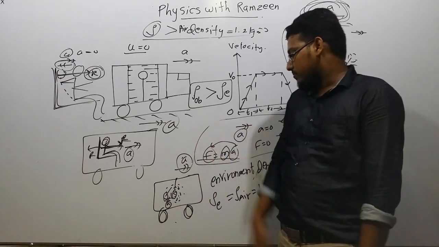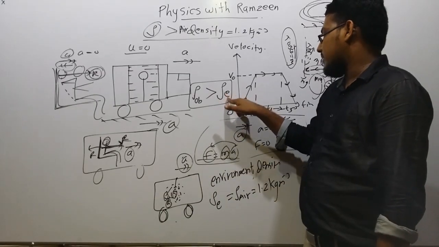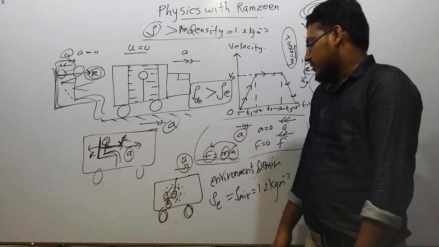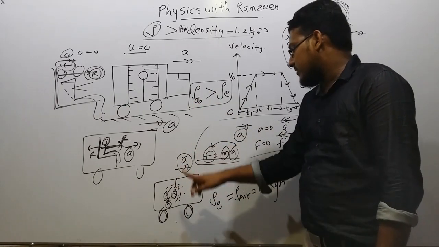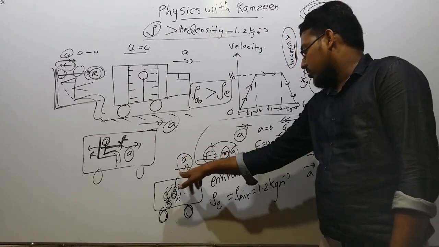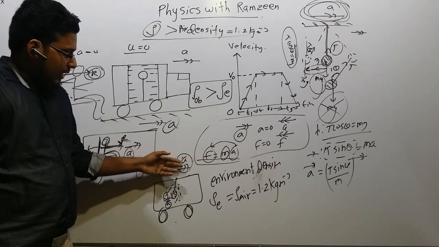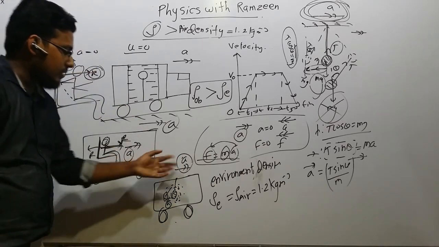That's not the case. In this condition, when the environment density is less than the object density or the particle density, the position moves in the opposite direction of the acceleration, right?